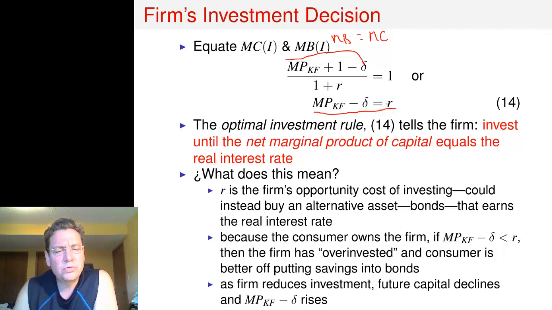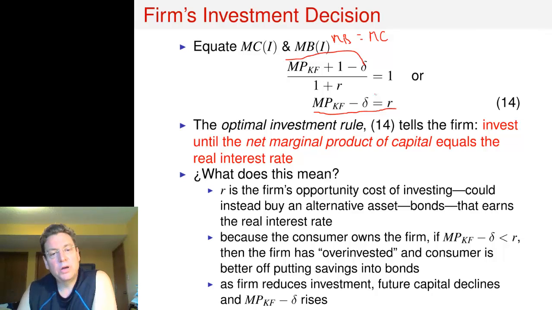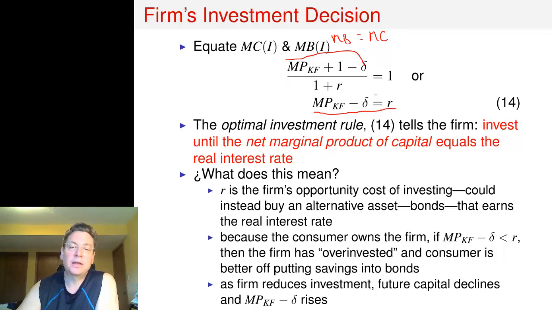Well, why does the real interest rate show up there? The reason is that the real interest rate is the opportunity cost of investing. Because what else could the firm do with those profits? Well, the firm could go out and buy some alternative asset like bonds that pay this real interest rate of R. And so the opportunity cost then of investing is that the firm is not getting interest on those bonds.